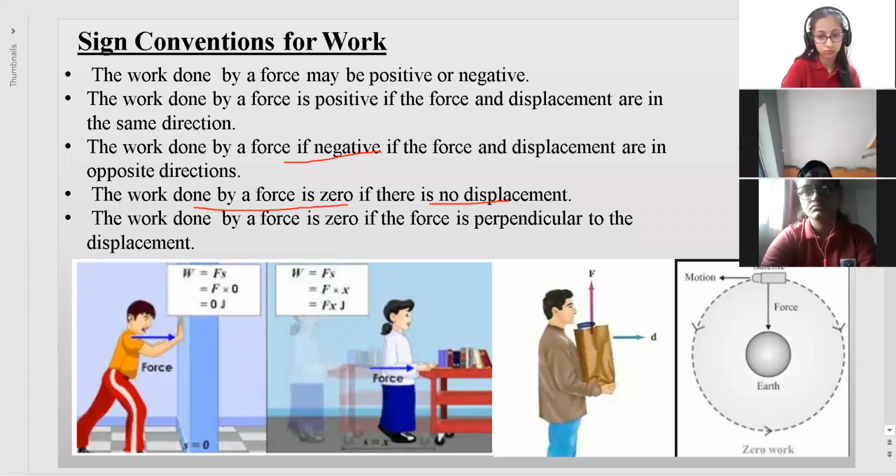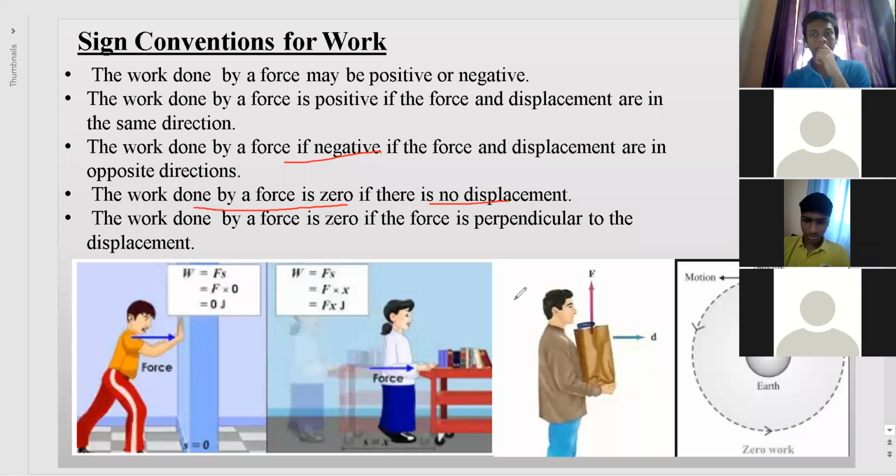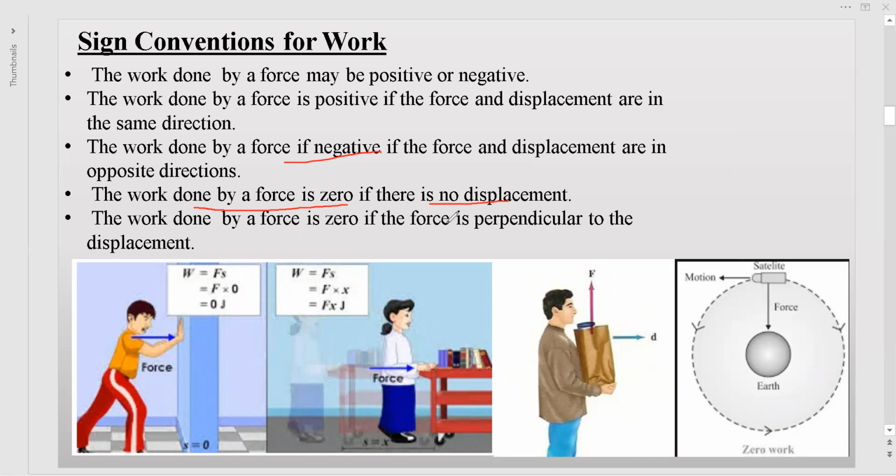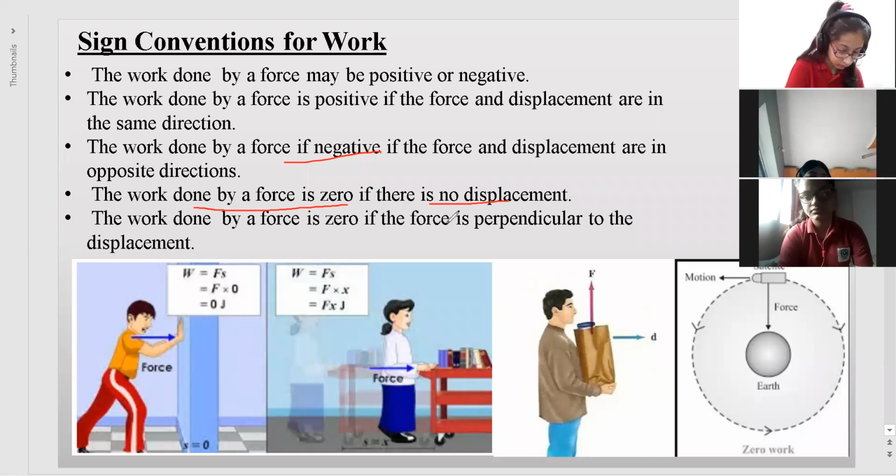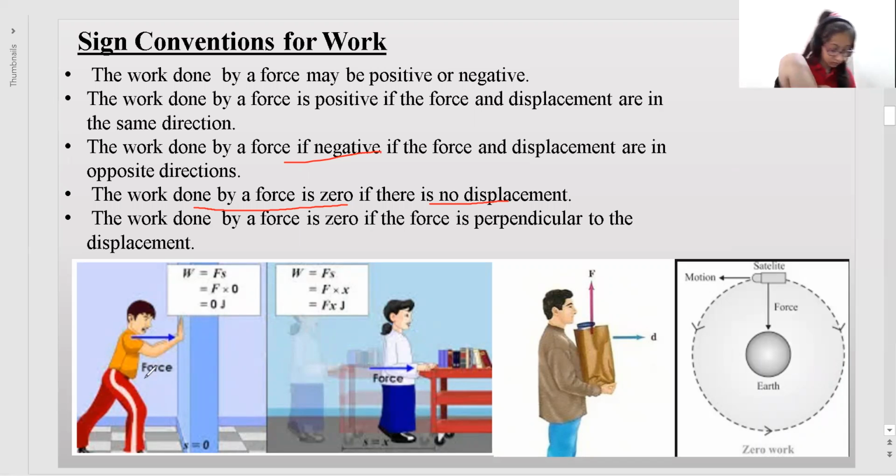Suppose a boy is continuously pushing a wall. He is applying some force, say a 10 Newton force. But is the wall going to move?